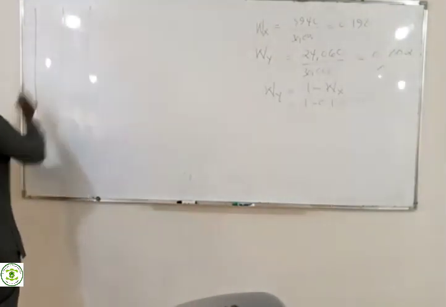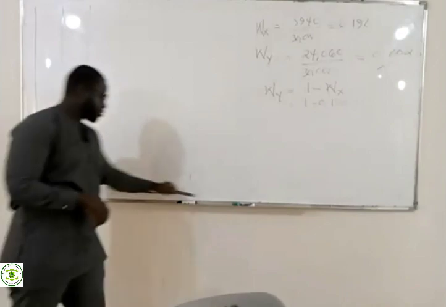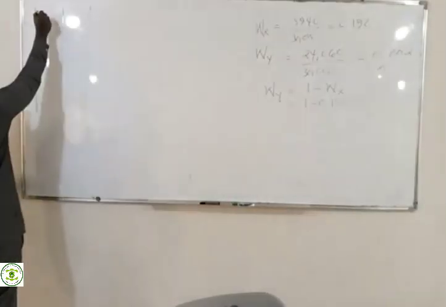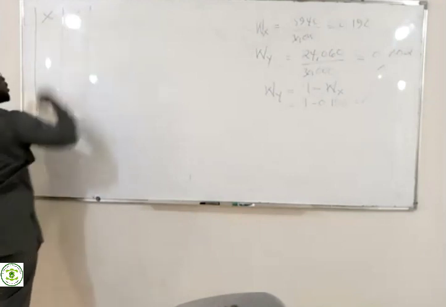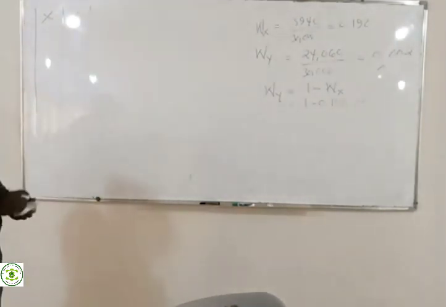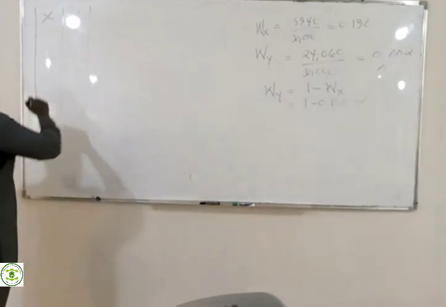Here will be X, here will be Y. So how many years do we have? 2000 up to 2004. So when we count, it's 5 years.